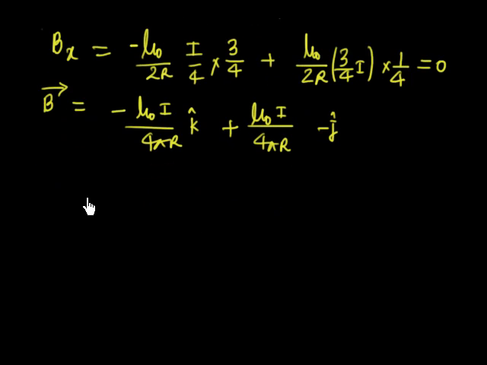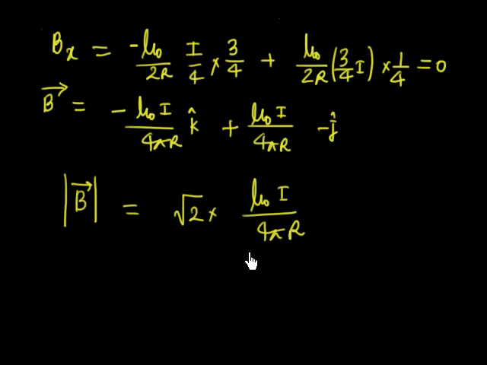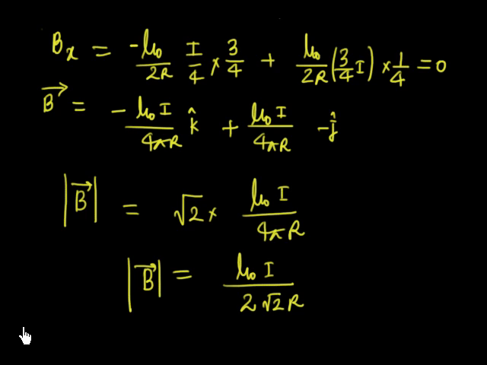And if you want to take the magnitude of the resultant magnetic field, so you will have B resultant equals to, so both are same, so root 2 multiplied by mu naught I by 4 pi r. Simple. Are you getting or not? So this is mu naught I divided by 2 root 2 into r. So this is the magnetic field magnitude you have in part C.